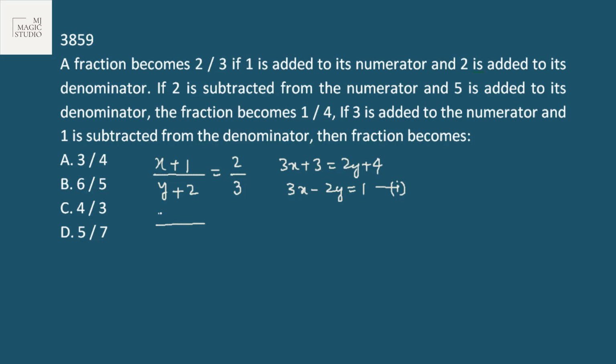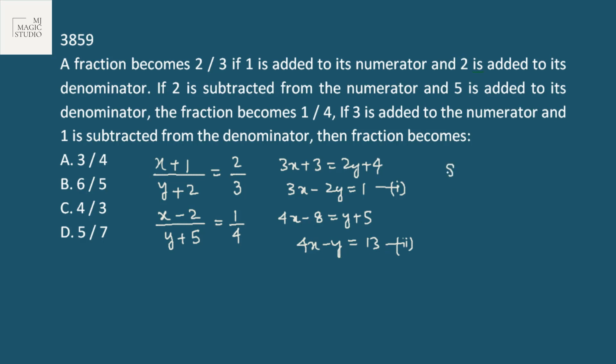Now if 2 is subtracted from the numerator and 5 is added to the denominator, the fraction will become 1 by 4. So 4x minus 8 equals y plus 5, or 4x minus y is equal to 5 plus 8, that is 13.